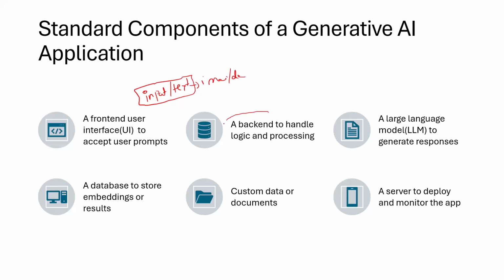In the back end, based on the given input, it handles the logic and the process. In order to generate the response, it uses LLM models. The information or embeddings are optional, like custom documents or any specific document you want to store. And you can create an application to deploy and monitor your app.